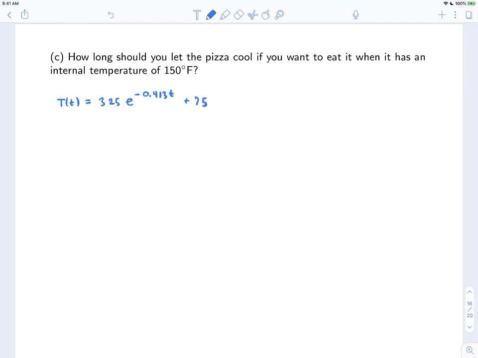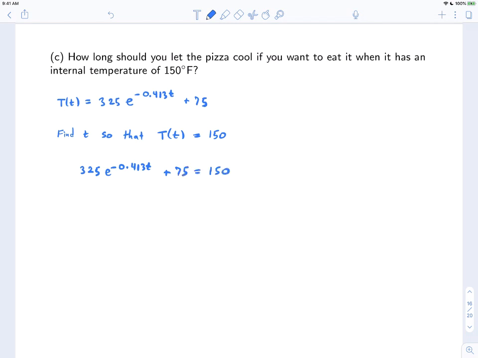We want to find a value of t so that T at t, so the temperature after t minutes, is 150 degrees Fahrenheit. So in other words, we want 325 times e to the minus 0.413 t plus 75 to equal 150.